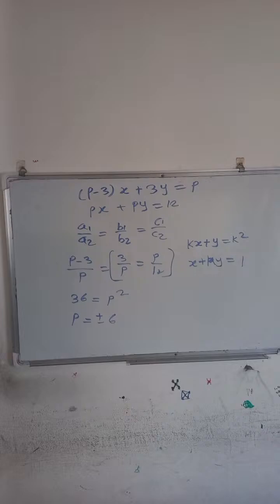Find whether the lines represented by 2x plus y is equal to 3 and 4x plus 2y is equal to 6 are parallel, coincident or intersecting.